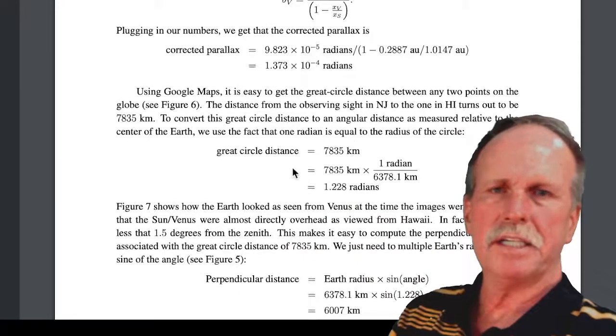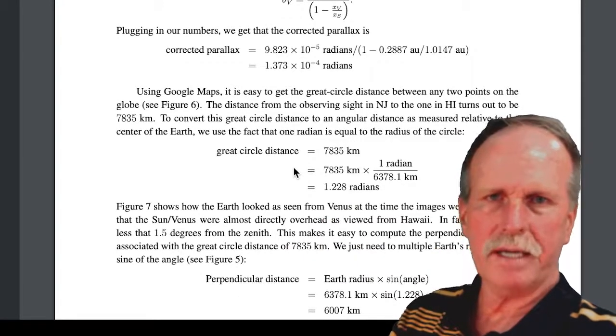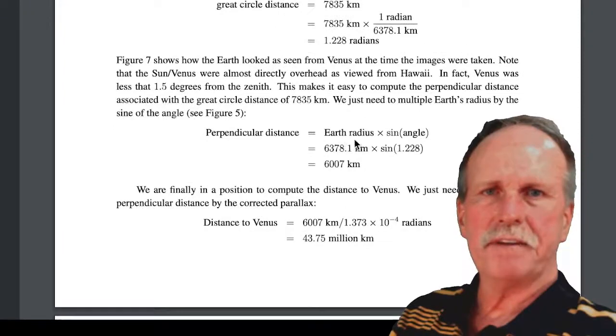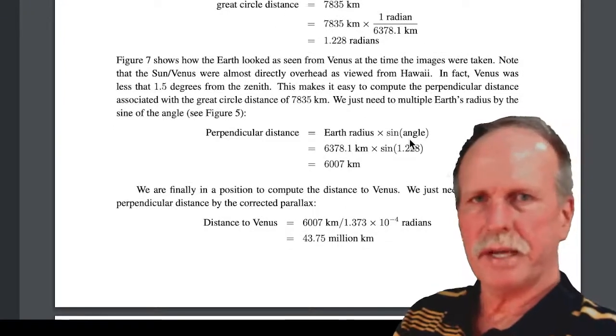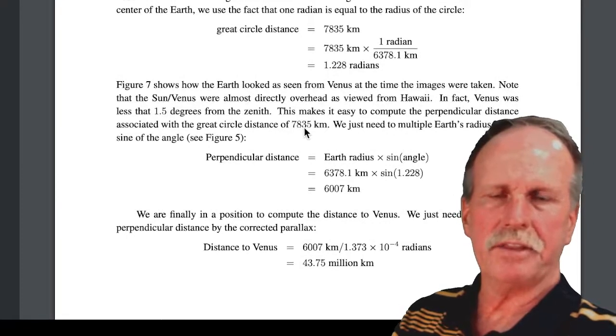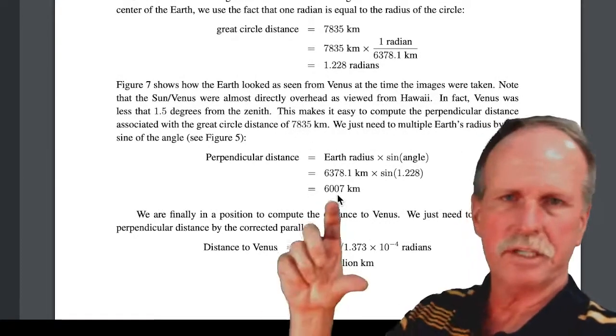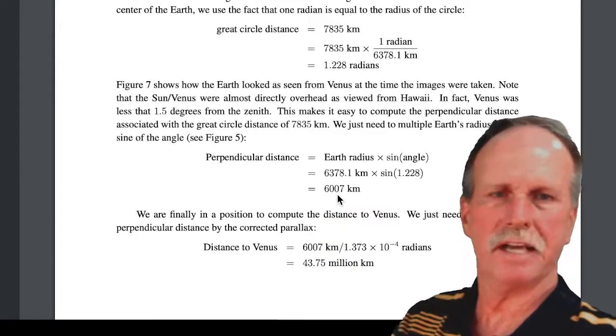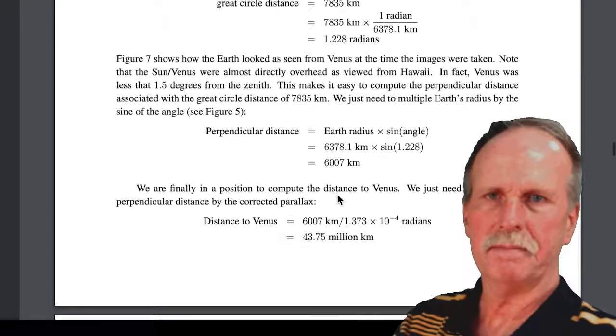Now he looked at the distance between the observers in Hawaii and Princeton, used that to find the sine of the angle, and that creates the baseline. So even though the land distance is 7,835 kilometers, the actual chord distance between those 2 points, the baseline, is 6,007 kilometers.